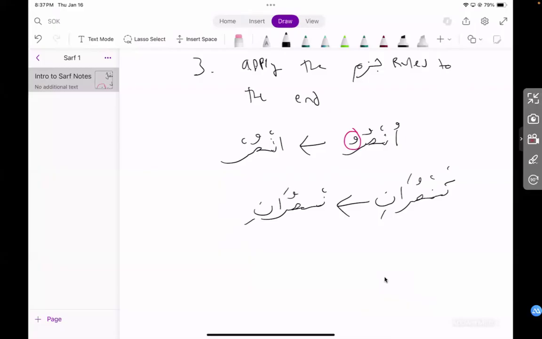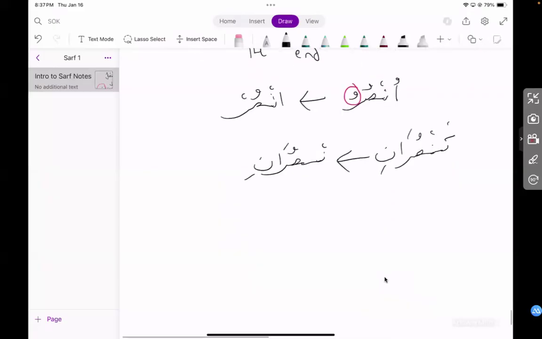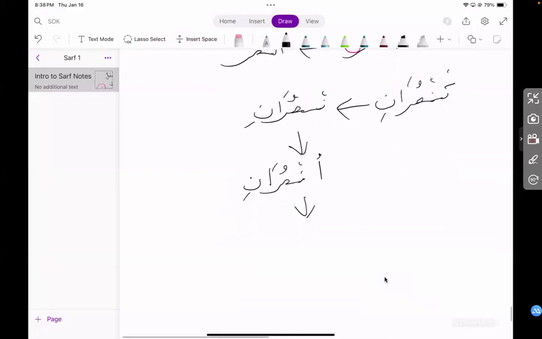After I've done that, now I'm going to add a hamzatul wasl with a dhamma: unsurani. And then finally, once I've done that, now I'm going to apply the jazm rules to the end, and I'm going to be left with unsura.